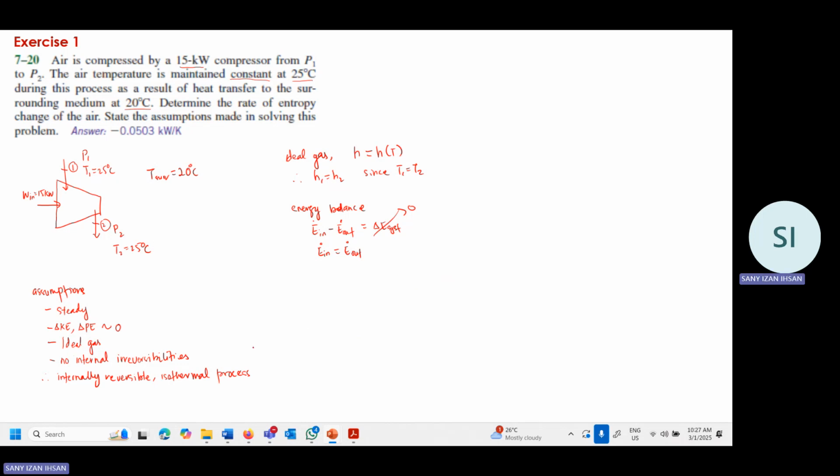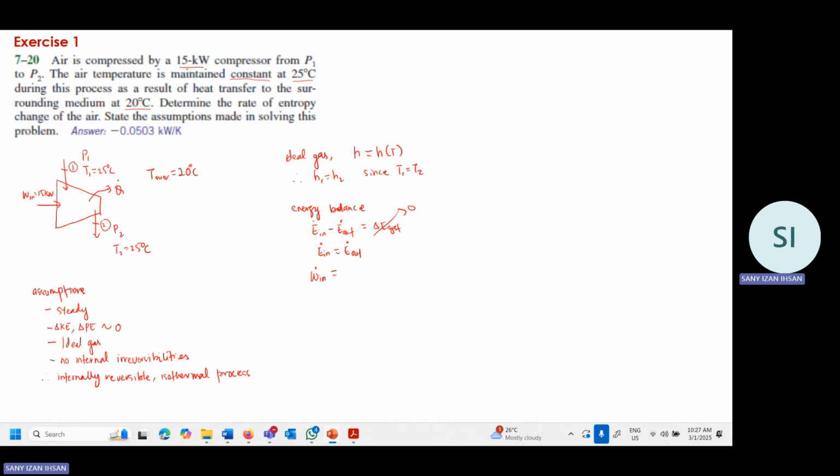Let's look at the system again. Energy coming in, we have only work, W dot in. What about the one going out? I did not put it here, but when we look at the question again, there is heat transfer to the surroundings, so we should include it here also. Heat is transferred to the surrounding in order to maintain the temperature in the system.